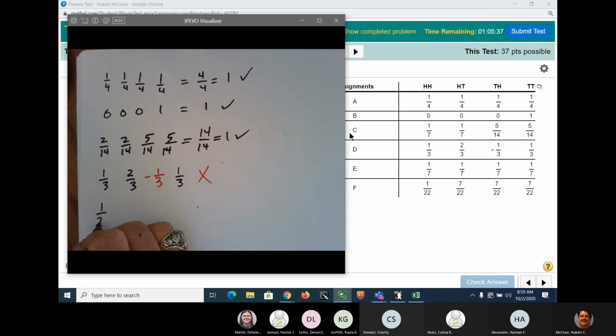1/7, 1/7, 1/7, 1/7. Yes or no? Well, you got a 50-50 shot. We got 1 minute. Somebody give me a yes or no on 1/7, 1/7, 1/7, and 1/7.